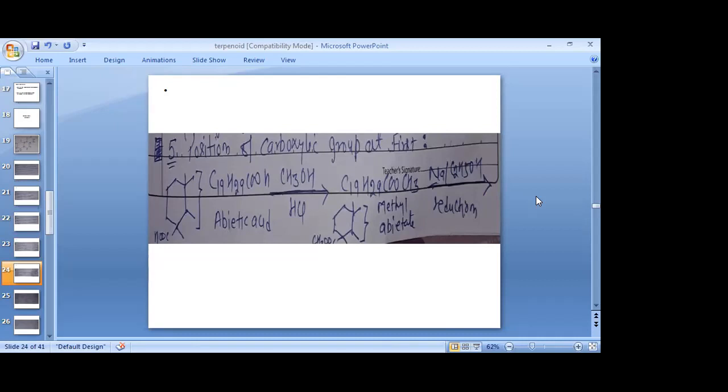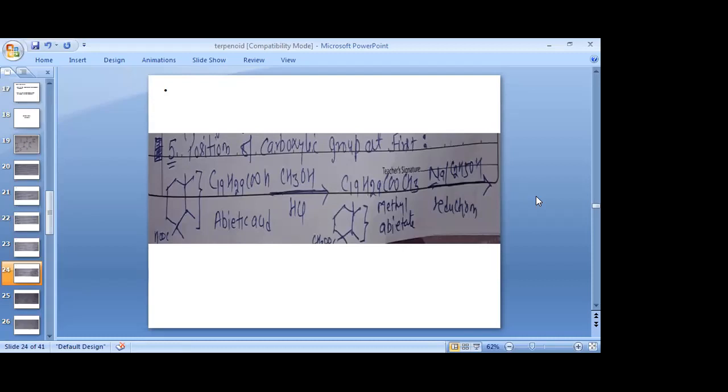So two things are important. One is whether the carboxylic acid exists or not. And the second thing is, what about the position of the carboxylic acid?